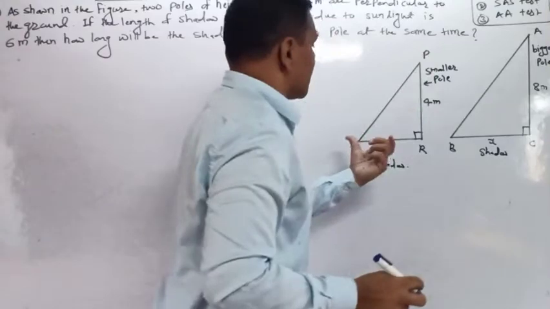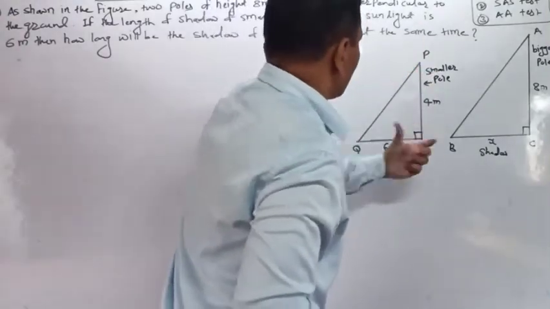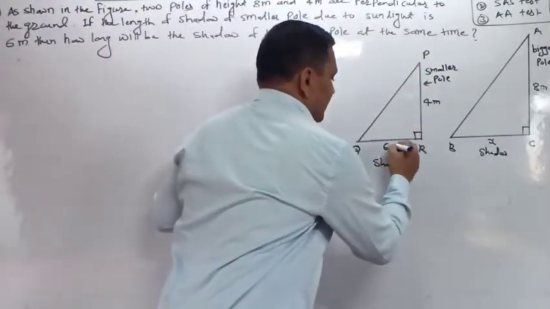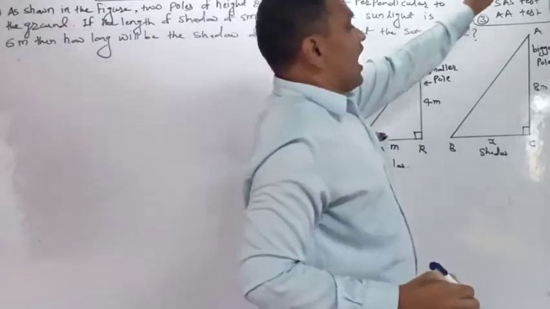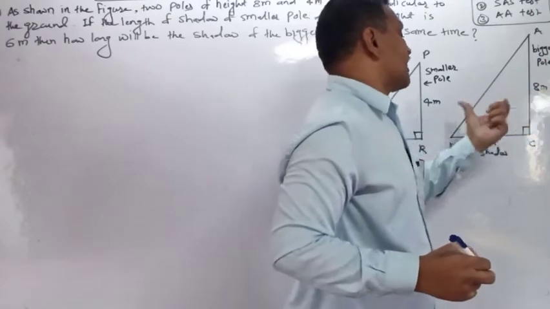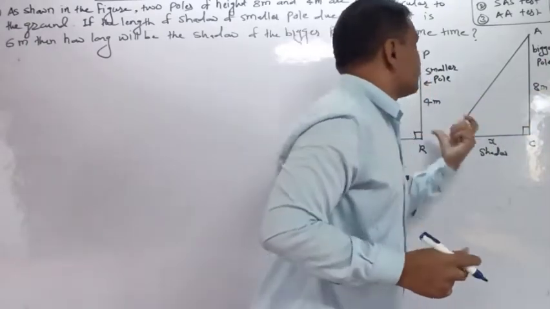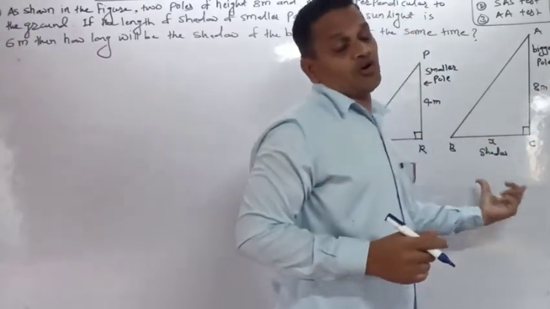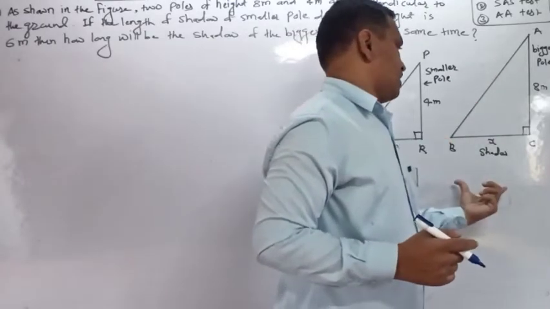The length of the shadow of the first smaller pole is 6 meter, understand? Now the height of the second bigger pole is 8 meter. Due to sunlight, what is the length of the shadow of the second pole, or longer pole, or bigger pole?